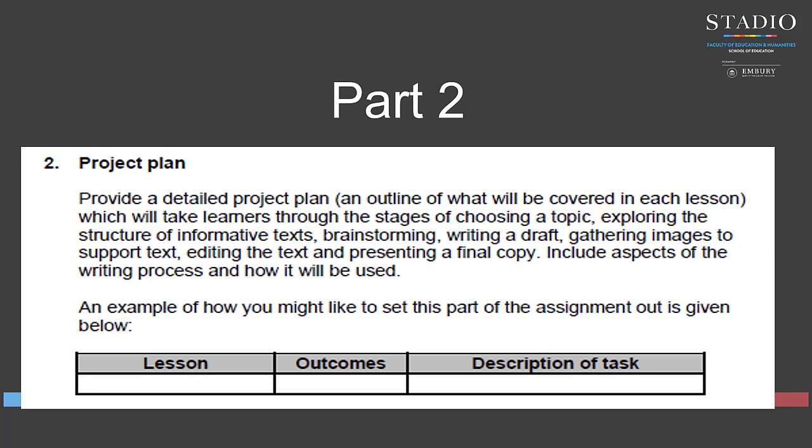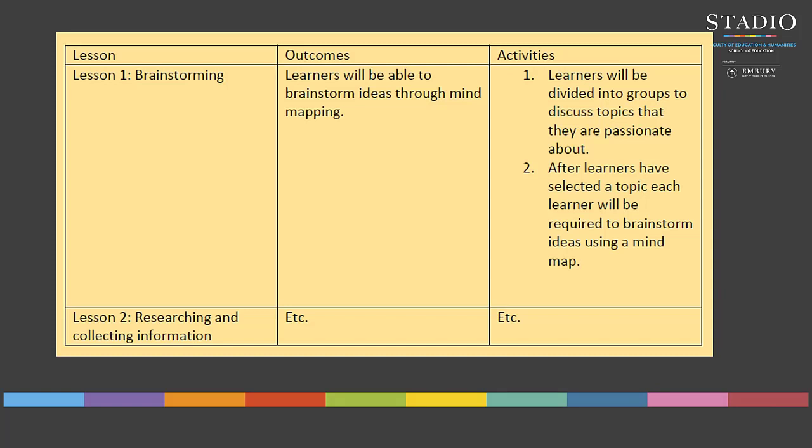You can present part 2 in the form of a table, right? So as you can see here, I've got lesson, outcomes, and description of task. And I've just done a little illustration here for you. So lesson 1 could be brainstorming. The outcomes for that lesson is going to be the learners will be able to brainstorm ideas through mind mapping.